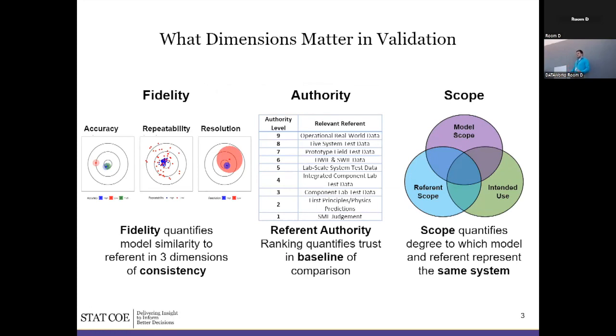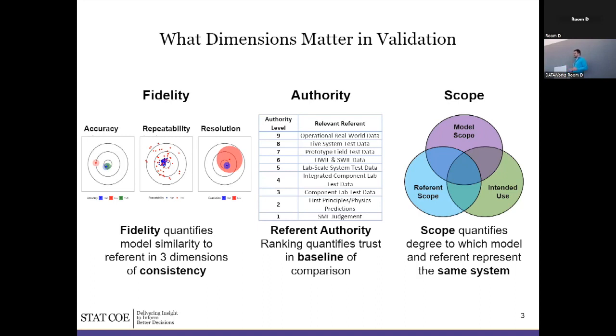But we want to specifically talk about fidelity in terms of how well it matches reality, which is a bit more specific than just talking about complexity here. And then fidelity, we break down into some separate pieces that make up fidelity at large, including accuracy, repeatability, and resolution, which I'm sure we're familiar with.